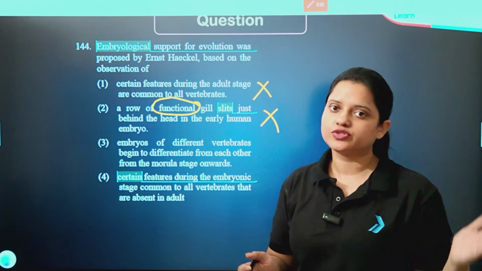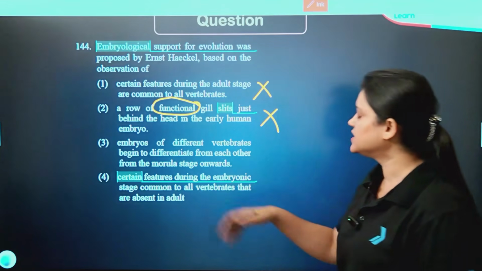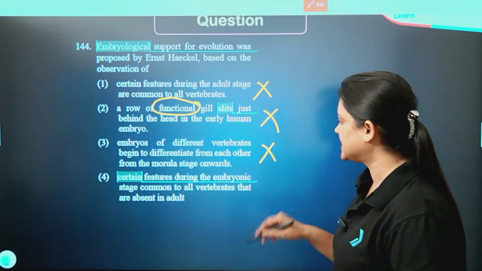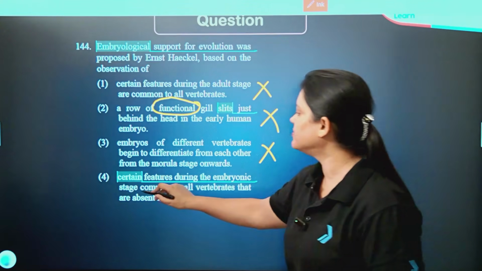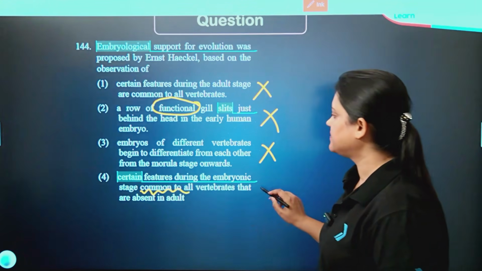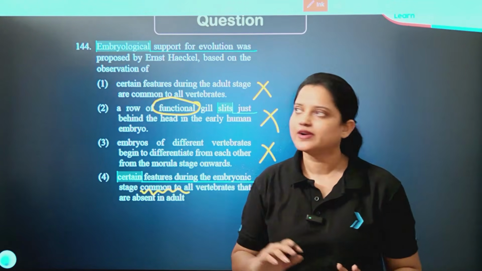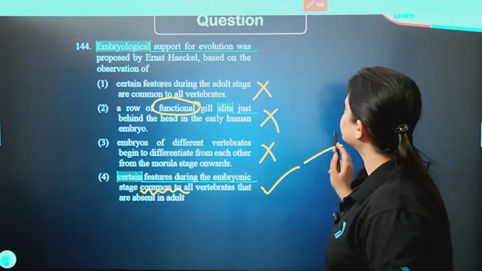So it will be functional only in fishes. Embryos of different vertebrates begin to differentiate from each other from the morula stage onward. We cannot say like this. Certain features during the embryonic stages are common to all vertebrates and that are absent in adult. So this is the support for Ernst Haeckel's theory. So answer here is 4.